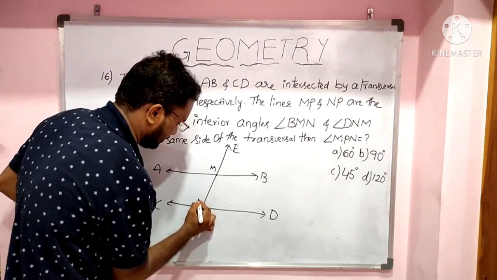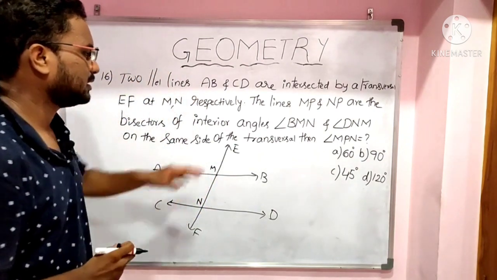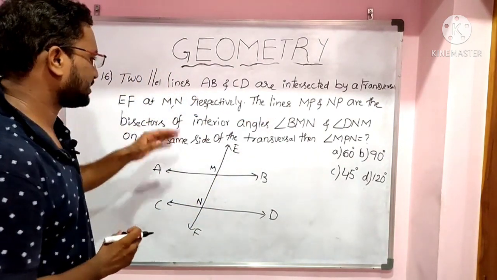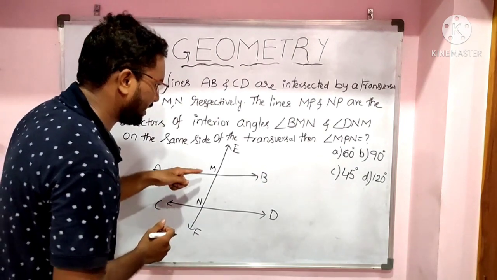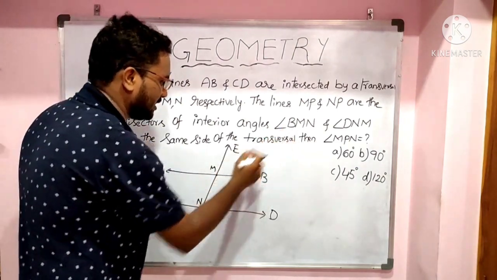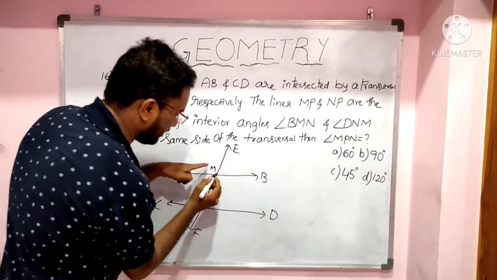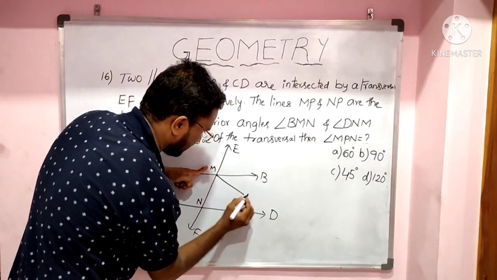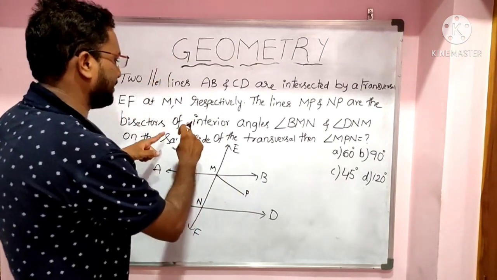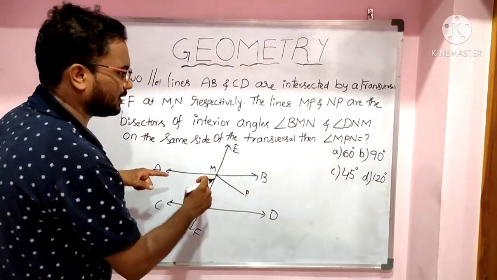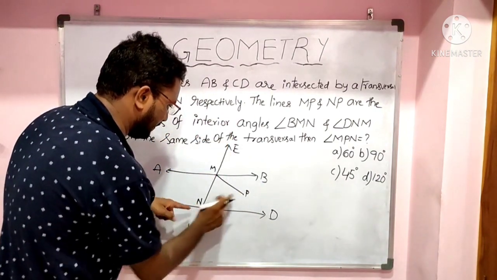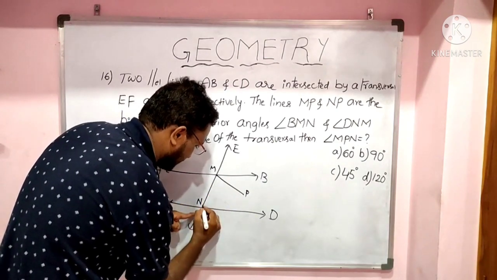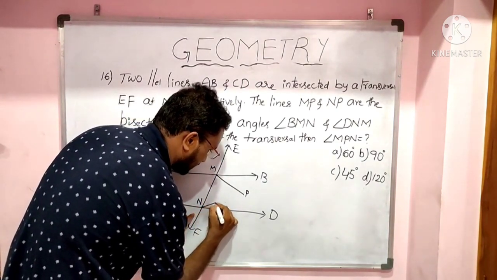This is N respectively. The lines MP and NP are the bisectors of interior angles. MP is the angle bisector of angle BMN. This is P. And NP is the interior angle bisector of angle DNM. This is NP.